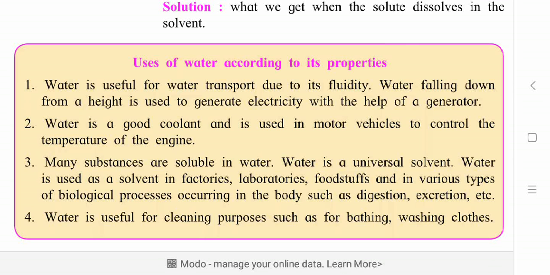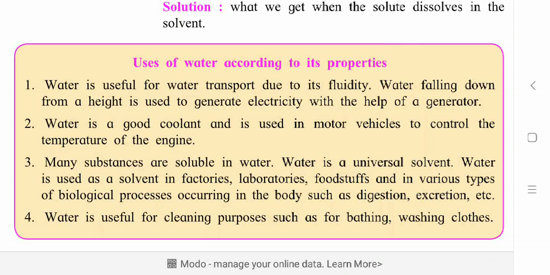Fourth, water is also useful for cleaning purposes such as bathing and washing clothes. This you well know, for every cleaning purpose we work from morning till 24 hours a day. We are using water for various areas.